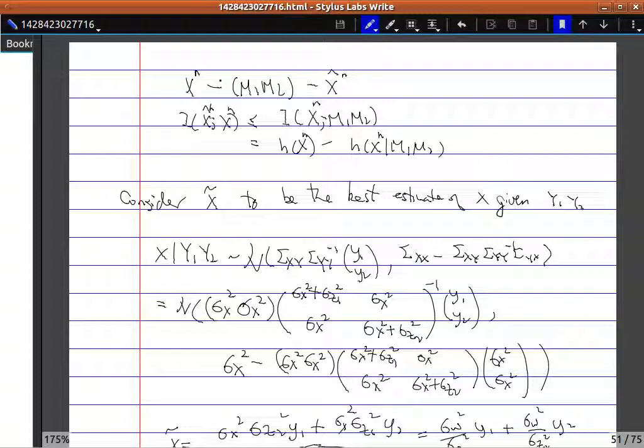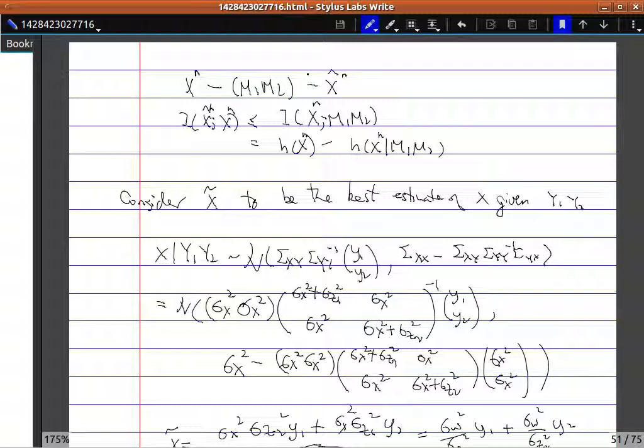Because we have the Markov chain, X^n hat is conditionally independent given M1, M2, so we have the data processing inequality that the mutual information between these two guys will be bigger than or equal to mutual information between this and this.